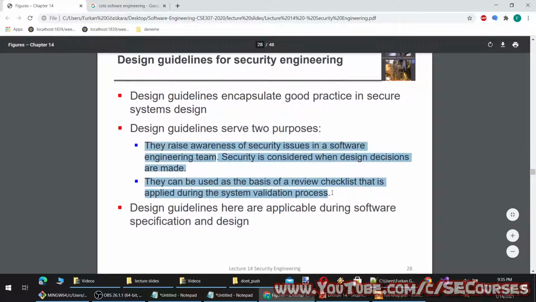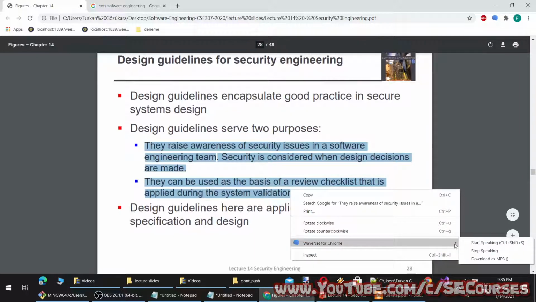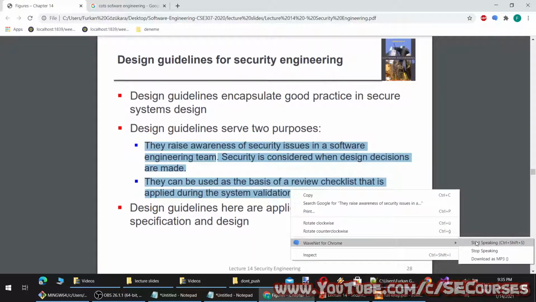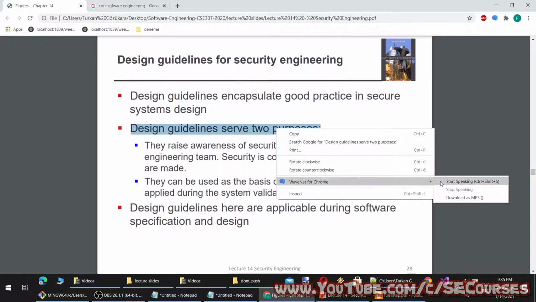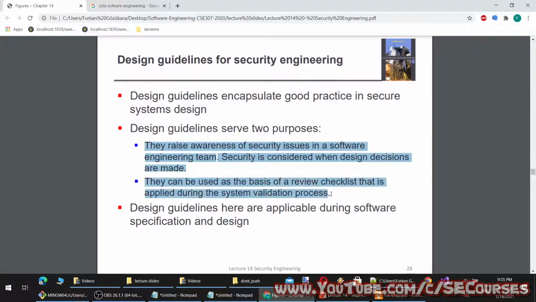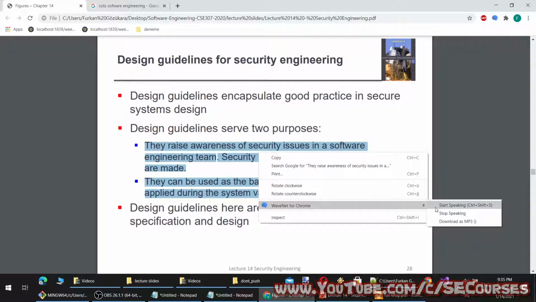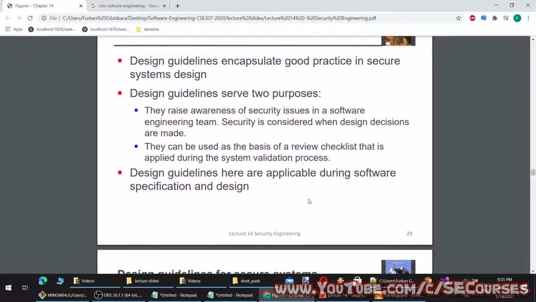Design guidelines serve two purposes. They raise awareness of security issues in a software engineering team, so security is considered when design decisions are made. They can be used as the basis of a review checklist that is applied during the system validation process.